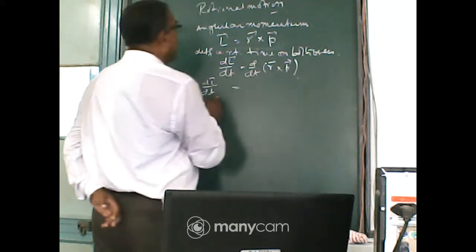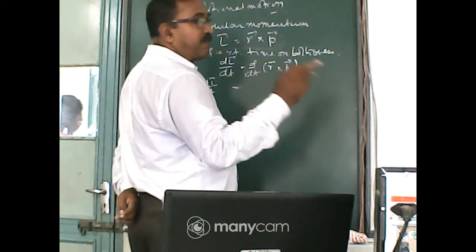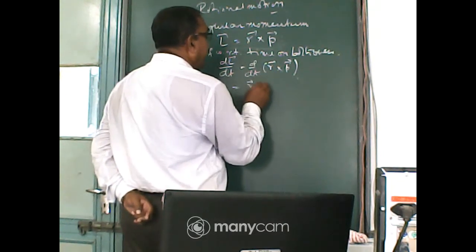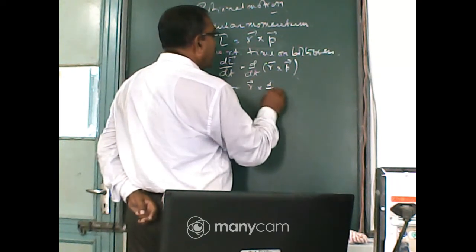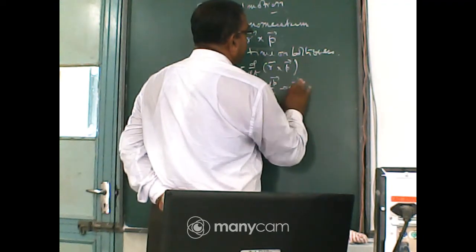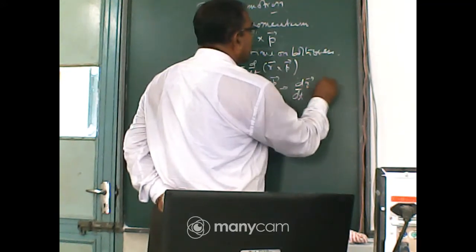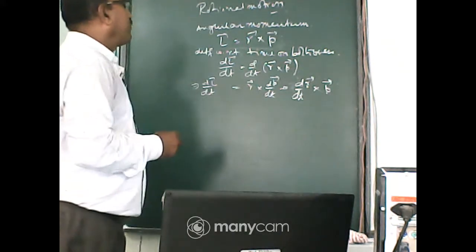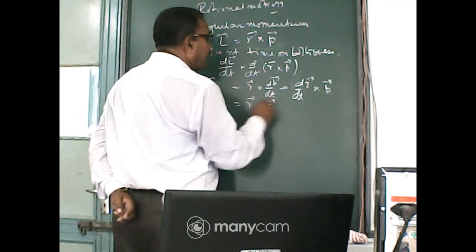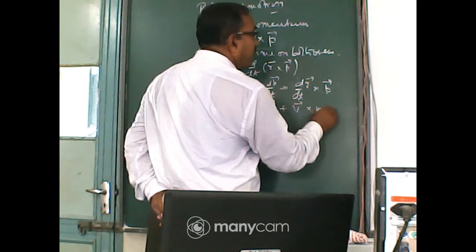d dx of u into v is first function times derivative of the second, plus second function times derivative of the first. So the first function times d dt of p, plus the second function times d dt of R. d dt of p equal to F, force, d dt of R equal to velocity, and p equal to m into v.